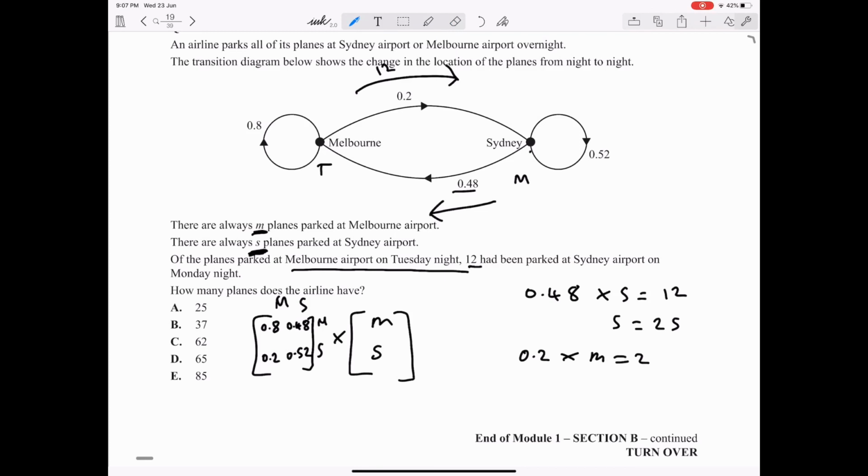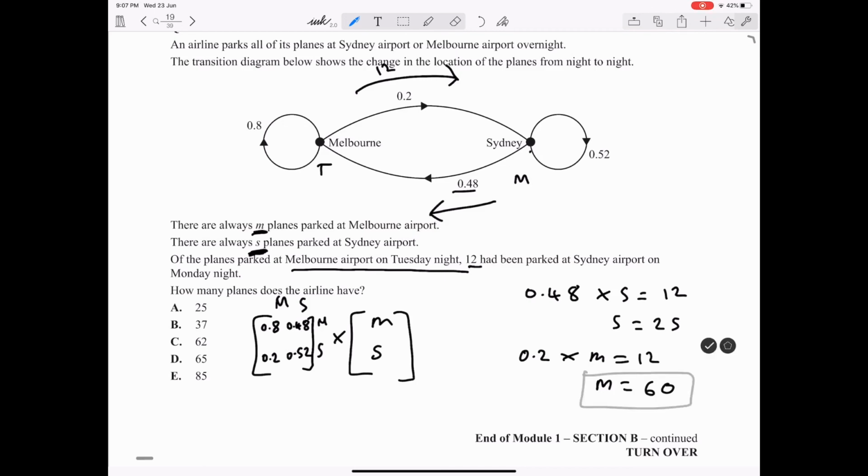So this basically suggests that 20% of the planes parked at Melbourne Airport one night will move to Sydney Airport the next night. So if you do this on your calculator, 12 divided by 0.2 would give you 60.